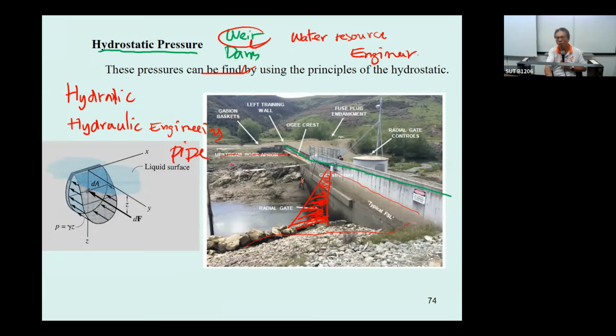And where the water flowing into this comes from is another subject called hydrology. Okay, you study where the water comes from. You can see the link between this kind of thing, between soil mechanics and foundation engineering. That is another set, geotechnical engineering.